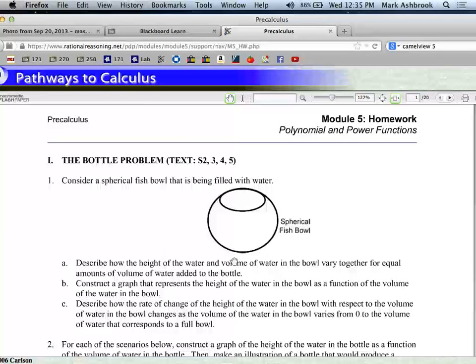Yeah, so how about you do number 1. For number 1, you're creating the graph of height dependent on volume the same way we just did. So you can kind of ignore these instructions; they should somewhat match what we did, but focus on what we did.